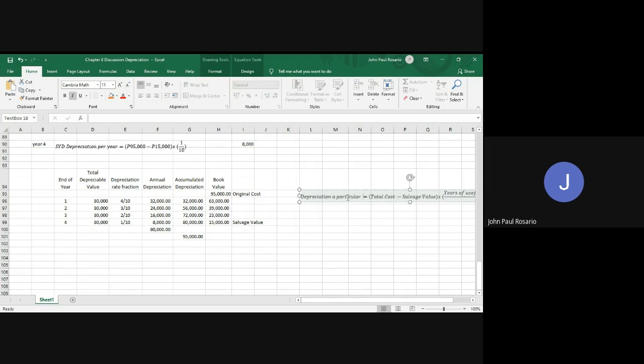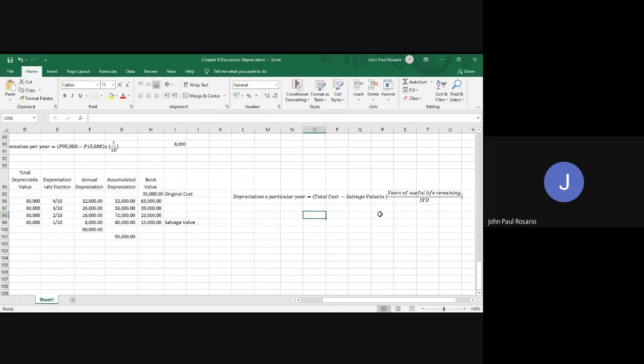Okay, so total cost minus salvage value times the SYD of the remaining useful life.